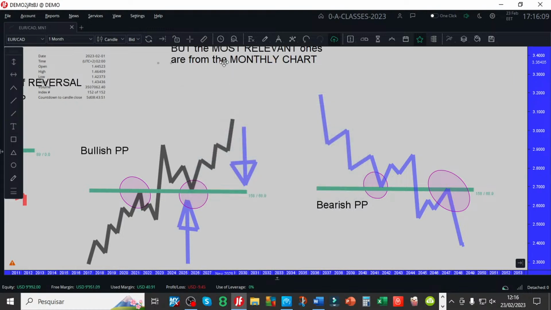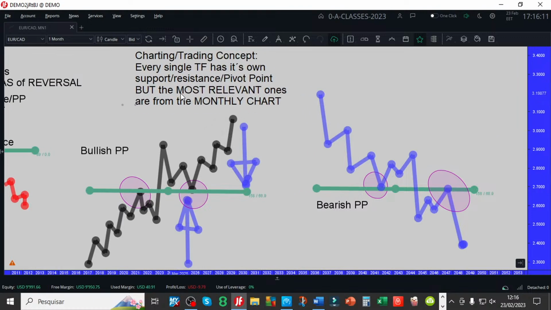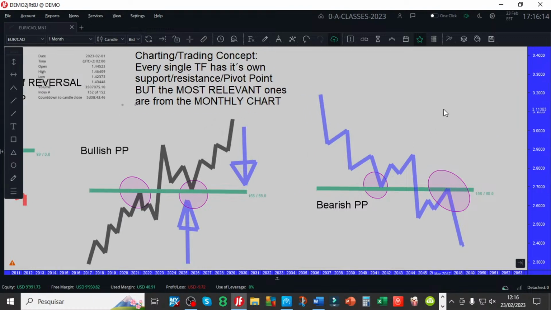Okay, boss, what does this mean? Give me a second, don't rush. Charting trading concept, every single time frame has its own support, resistance, pivot points, but the most relevant ones are from the monthly chart.